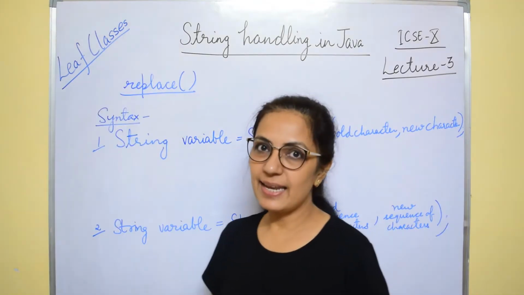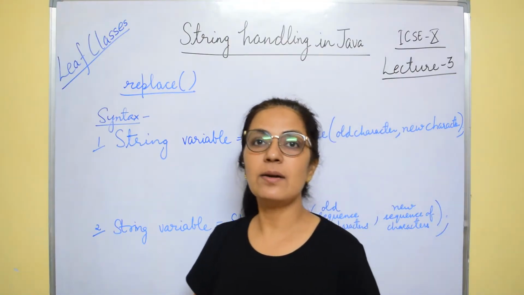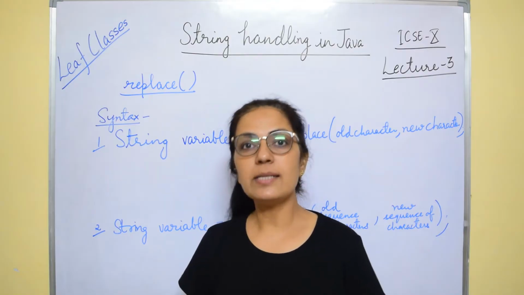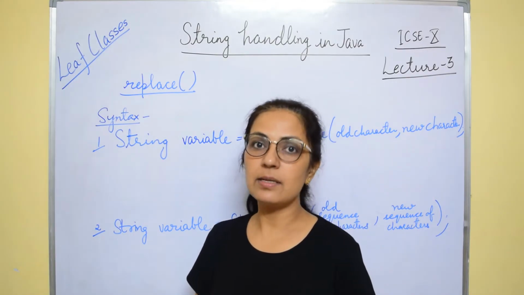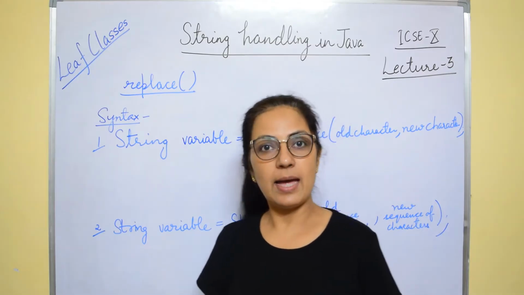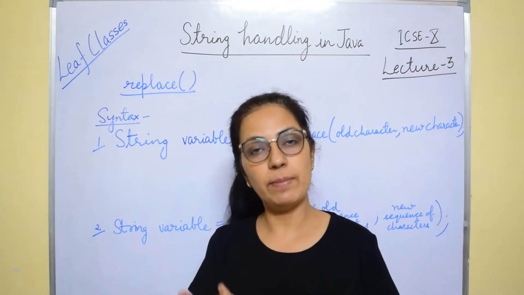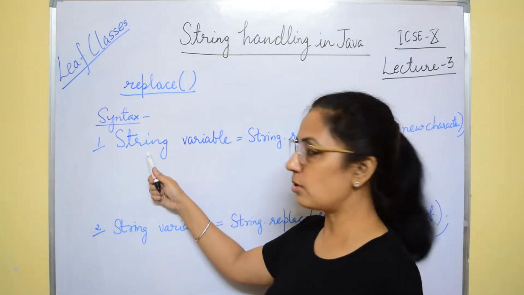Okay. The next function is the replace function. This function replaces a character with another character, or a sequence of characters with another sequence of characters, from the given string, and it is just replacing. So the return type of replace will also be string. So we can store the result in another string variable.